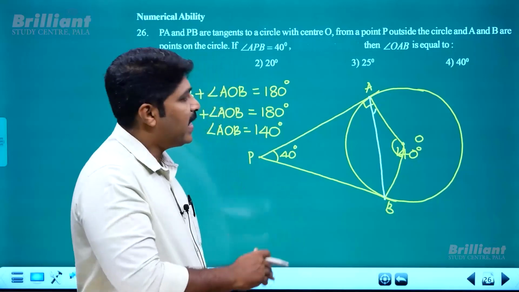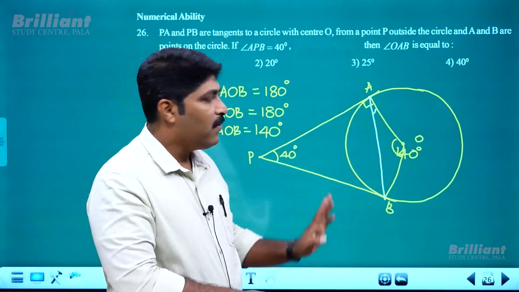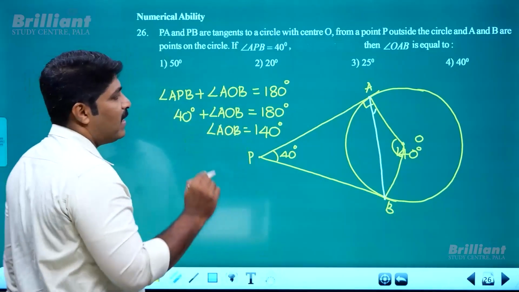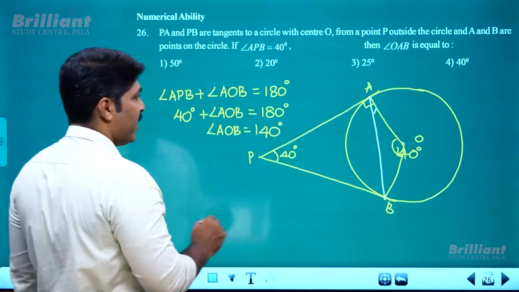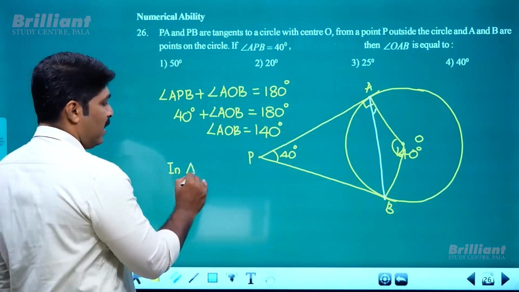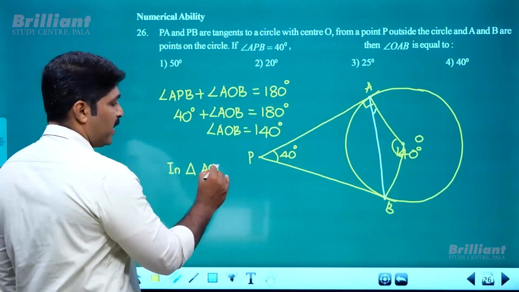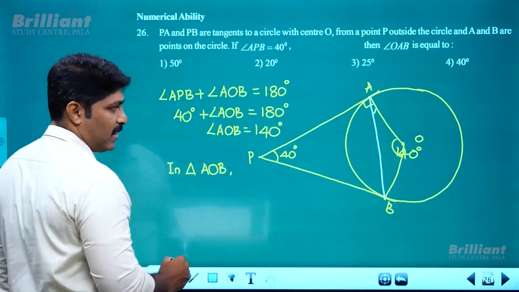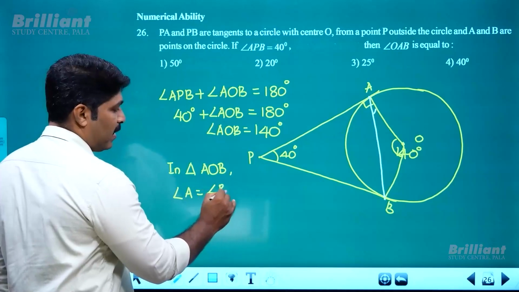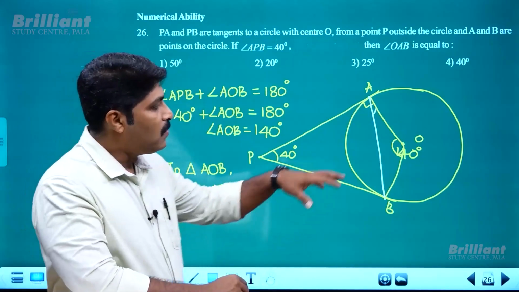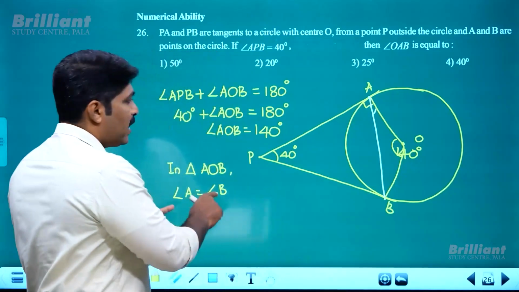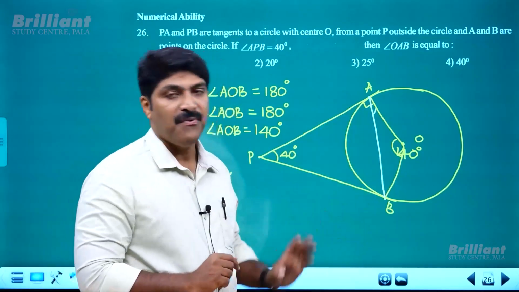Therefore, we can consider triangle AOB an isosceles triangle. Don't forget it is an isosceles triangle, so angle A equal to angle B. As we know, one among those three angles is equal to 140, therefore the sum of these two angles will be equal to the remaining 40 degree.